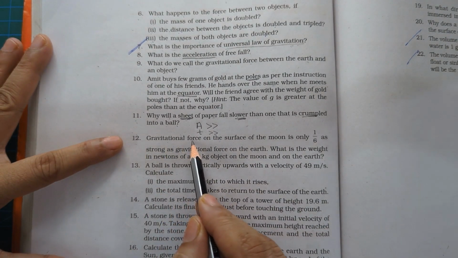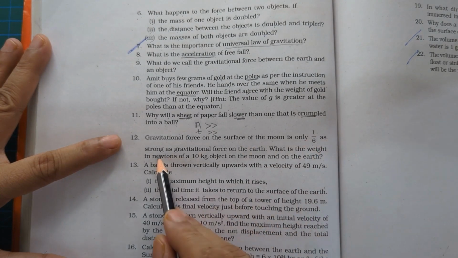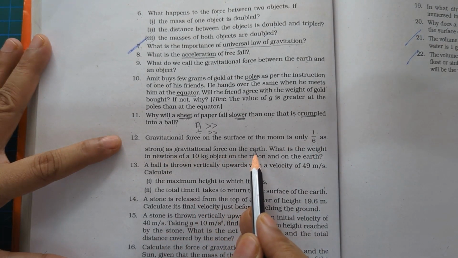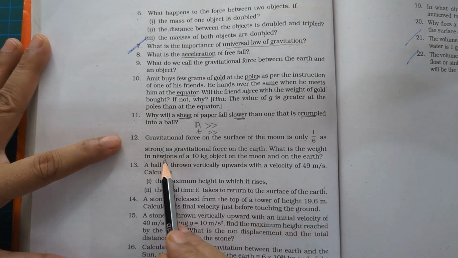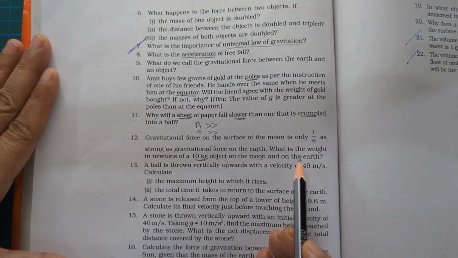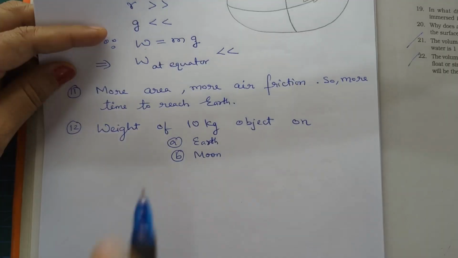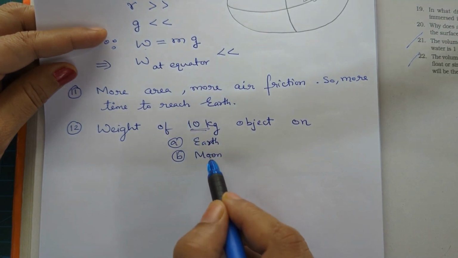12th question. Gravitational force on the surface of the moon is only 1/6 as strong as gravitational force on the surface of earth. What is the weight in newtons of a 10 kilogram mass object on the moon as well as on earth? So we have to find the weight of a 10 kilogram mass object on earth as well as moon.